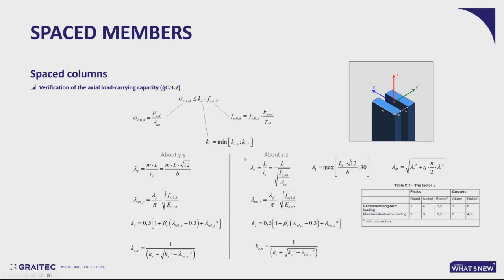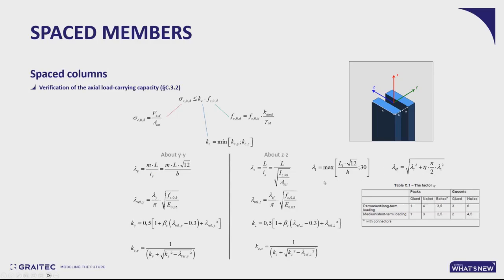But in the other plane, you have to compute two different slenderness. One is based on the entire column length, and the other one takes into account the distance between the connectors. Then you mix the two, introducing the number of shafts as well as the connector types through the eta factor.